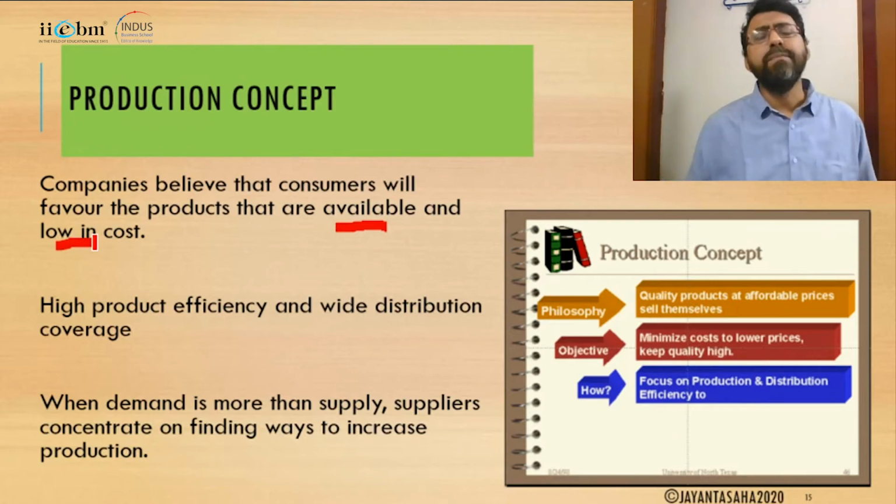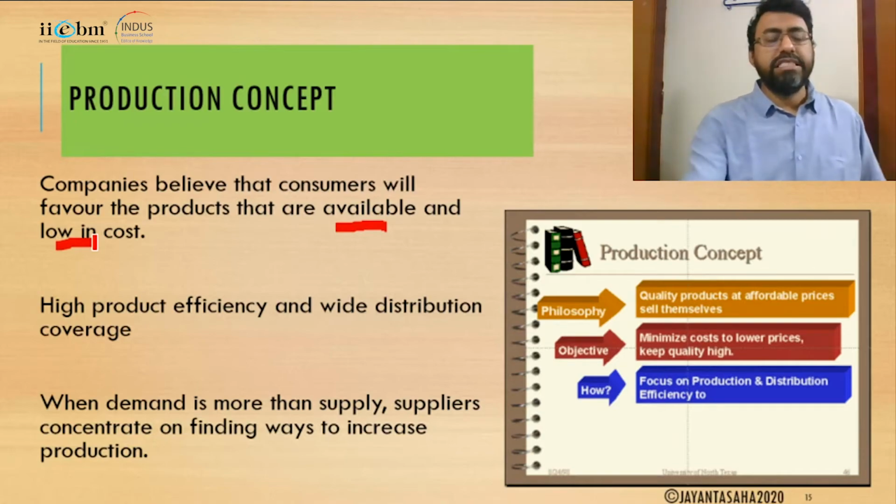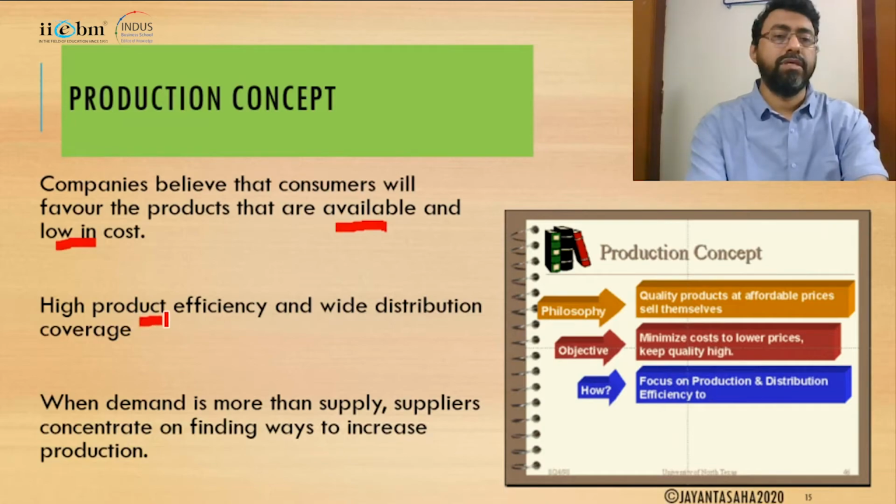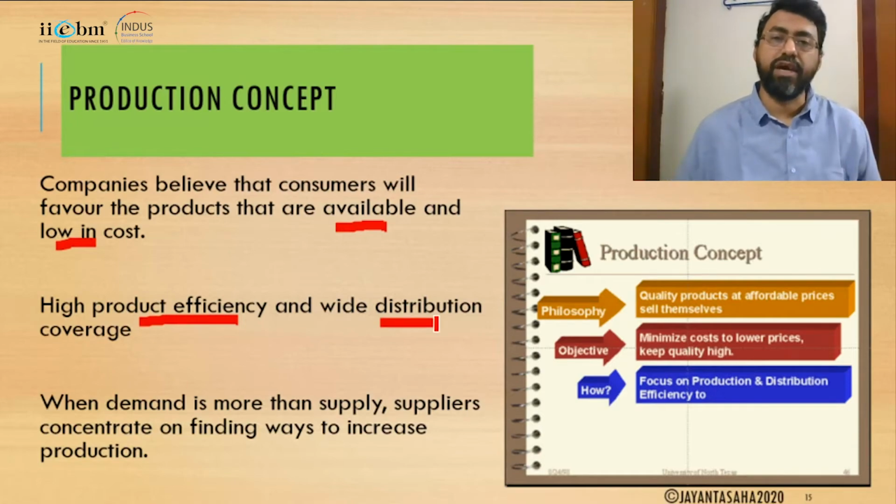So essentially, this particular philosophy is driven by the belief that consumers will favor products that are available and low in cost. So high production efficiency and wide distribution coverage is the name of the game.